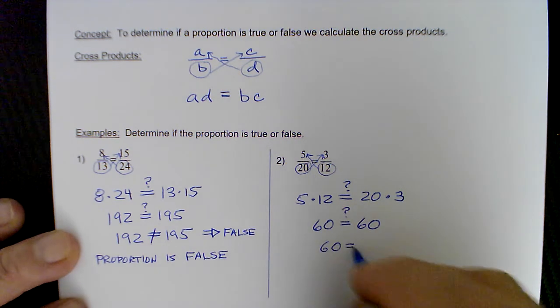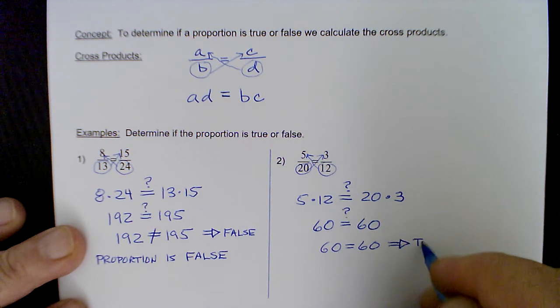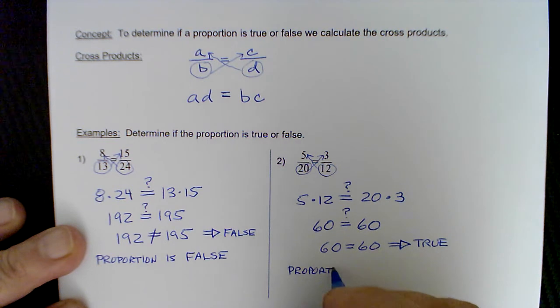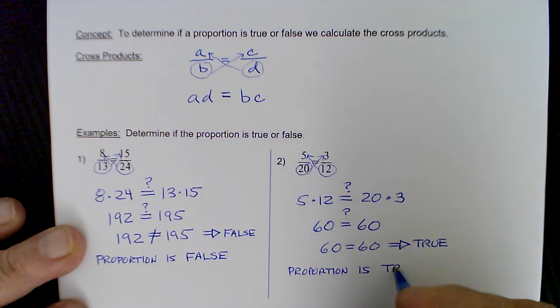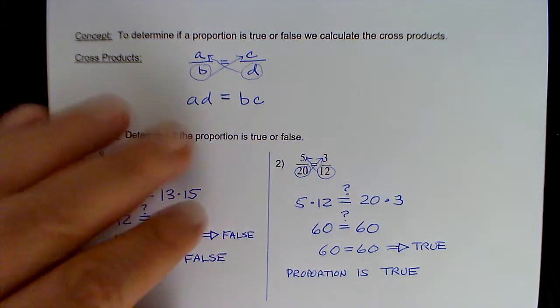But 60 we know is equal to 60. That's a true statement. So therefore we could state that the proportion is true. Okay, so that's how we determine if proportions are true or false.